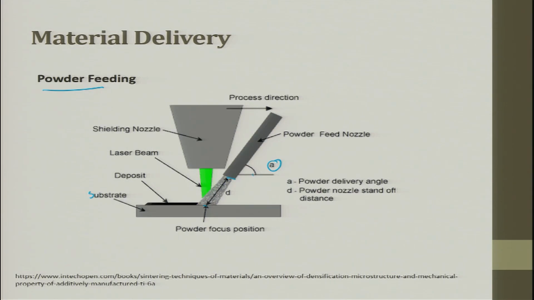Interestingly, standoff distance, generally when you speak of it is vertical, but here you will have it at an angle. So this is D, and the nozzle delivery angle is A.